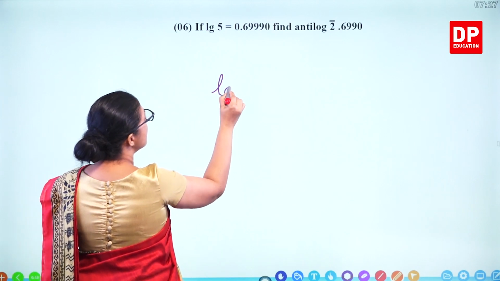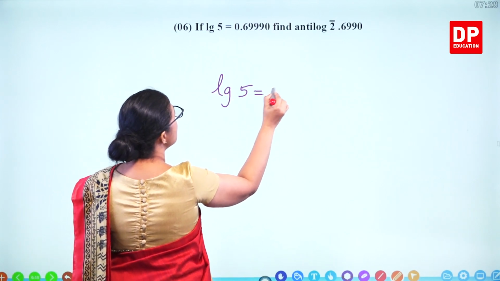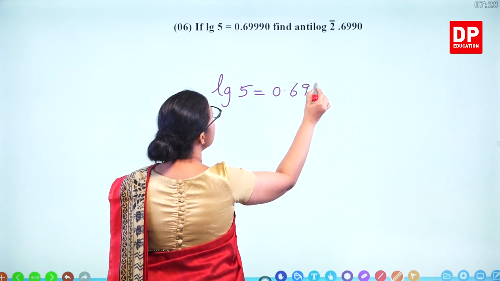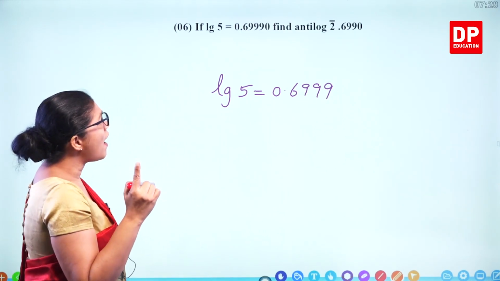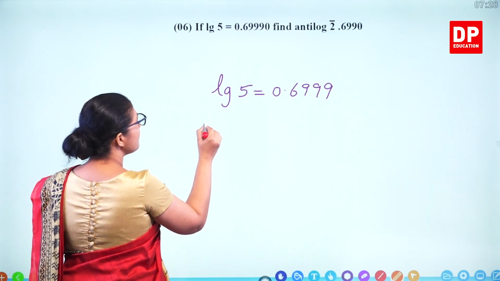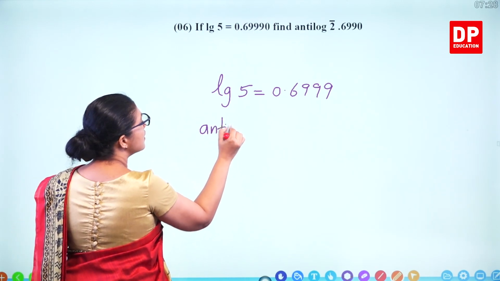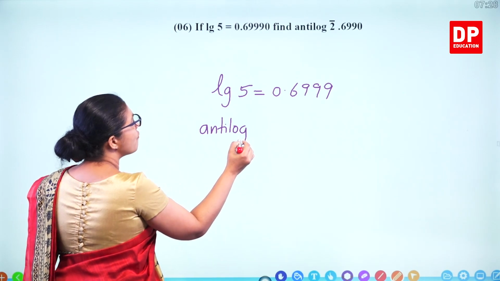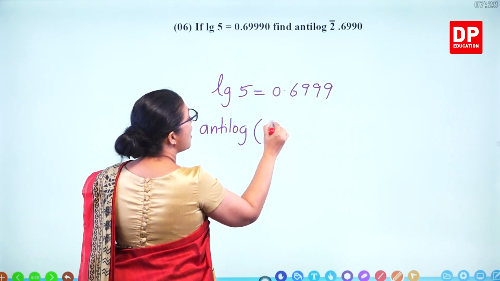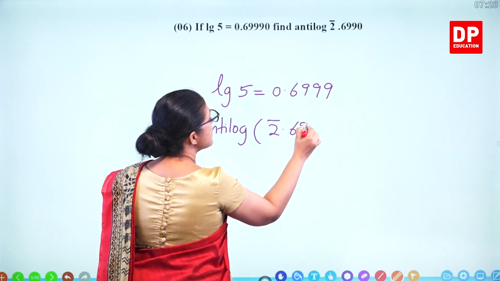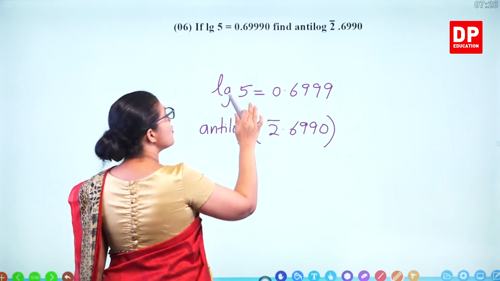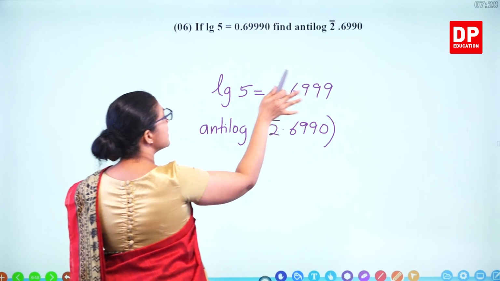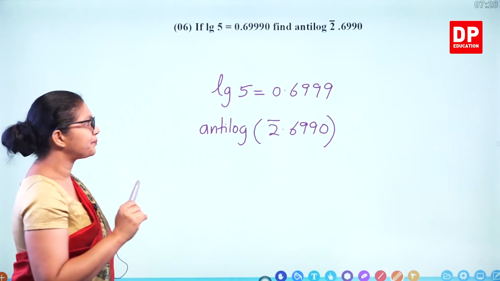Question number 6. Log 5 is 0.6990. Find the antilog of bar 2.6990. So antilog means when you take the antilog of this, what's the value?